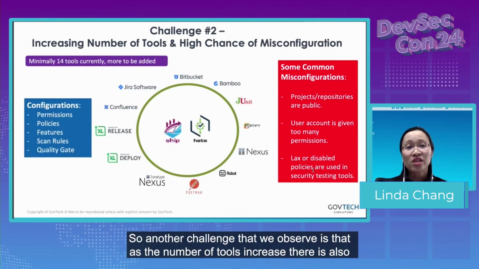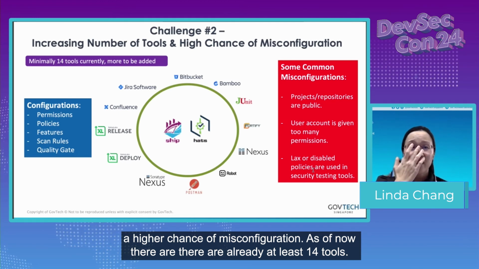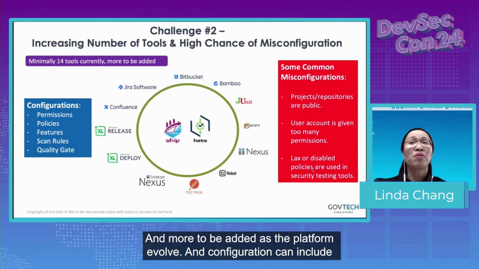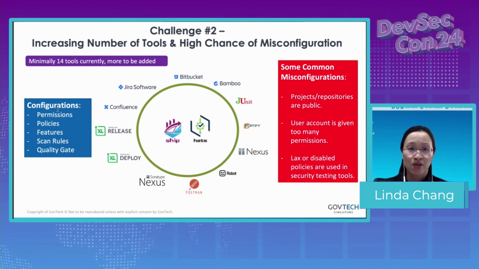Another challenge that we observe is that as the number of tools increases, there's also a higher chance of misconfiguration. As of now, there are already at least 14 tools and more to be added as the platform evolves. Configuration can include many types such as permissions, policies, features, scan rules, and quality gates.